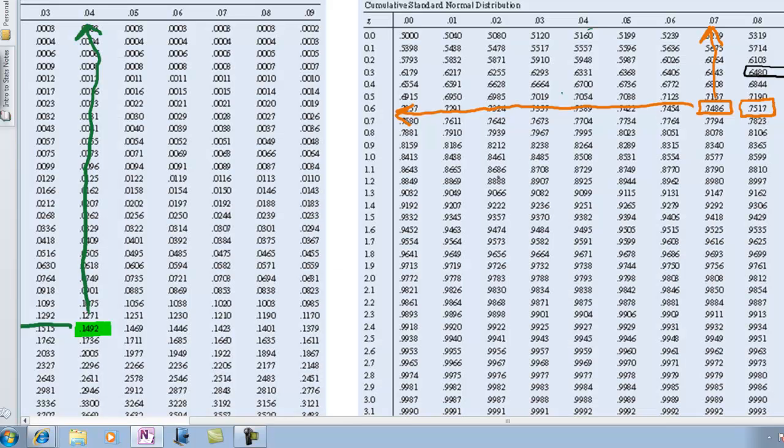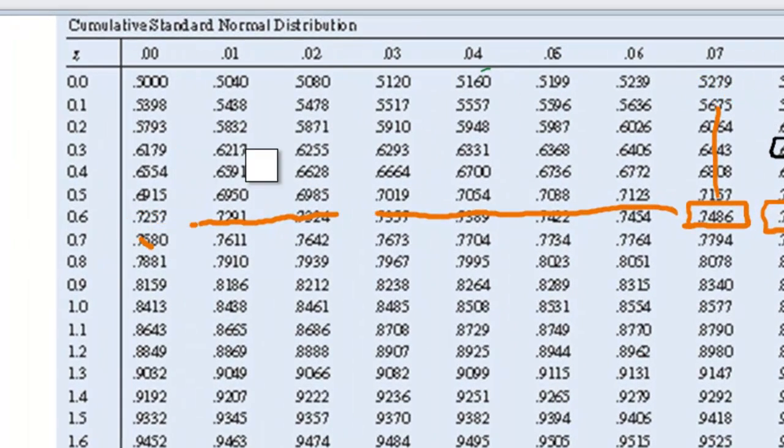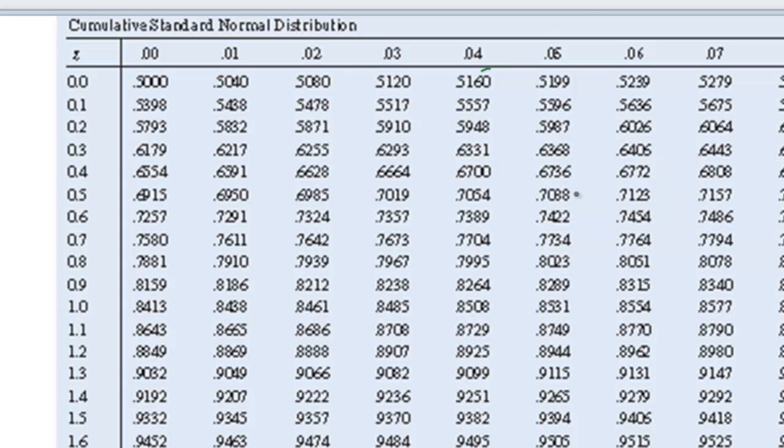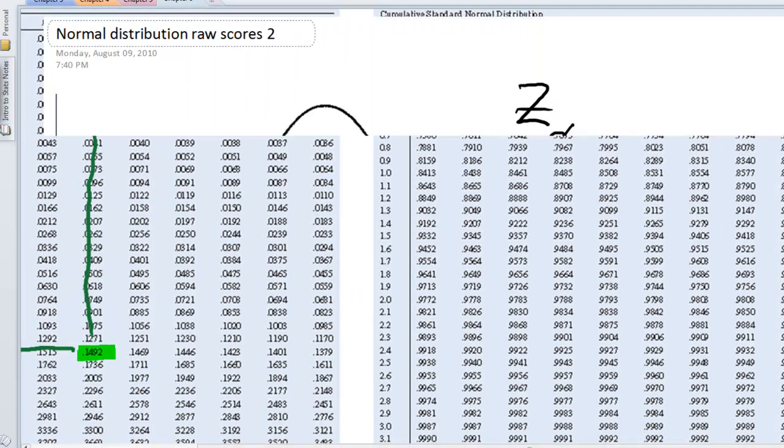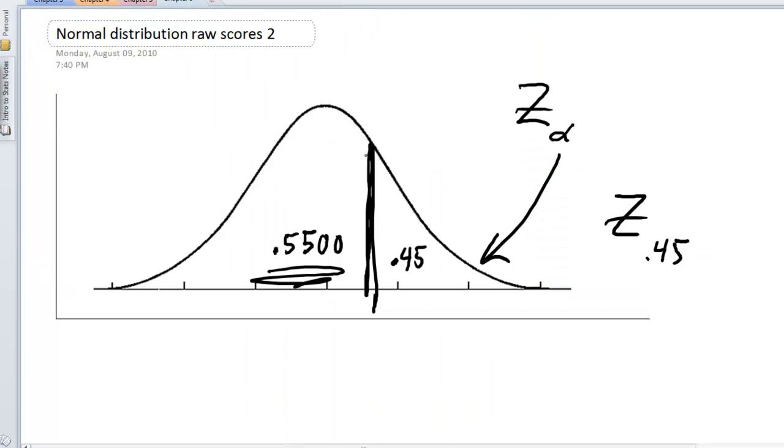Let's do that real quick. 0.550. I need to erase some of these so we can see a little better. I see something close between these two. So I would say the answer is approximately 0.125. So my answer is 0.125.